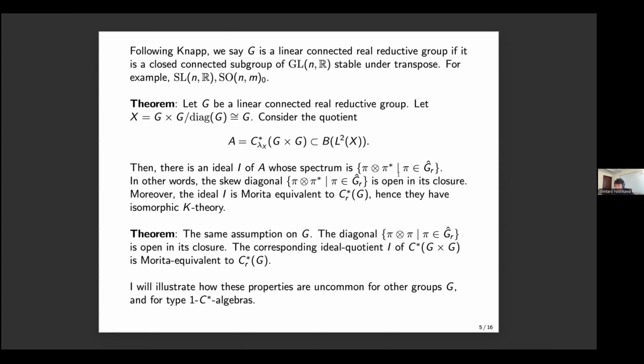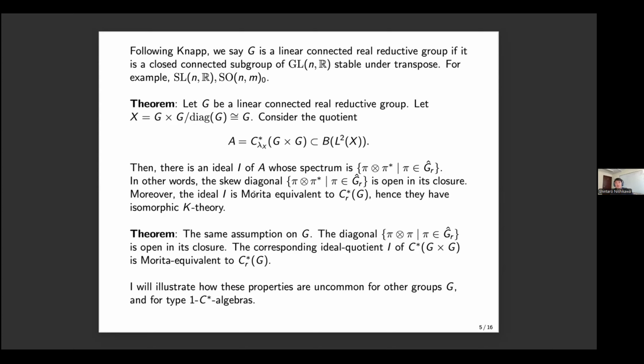Yeah, to be fair, I'm not 100% sure what you want to achieve. For example, if pi tensor pi star is Hausdorff, then the ideal I is A itself. So the quotient is 0 in that case. Okay, so A is just C star of G up to Morita equivalence. Yeah.